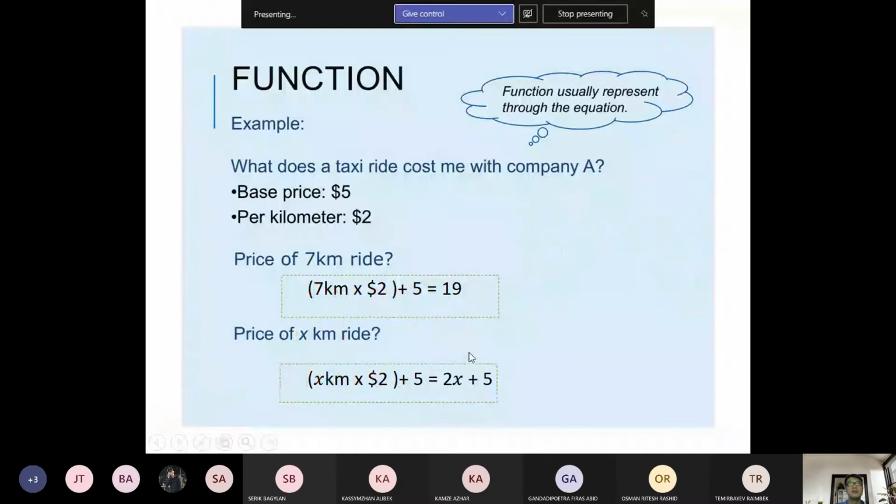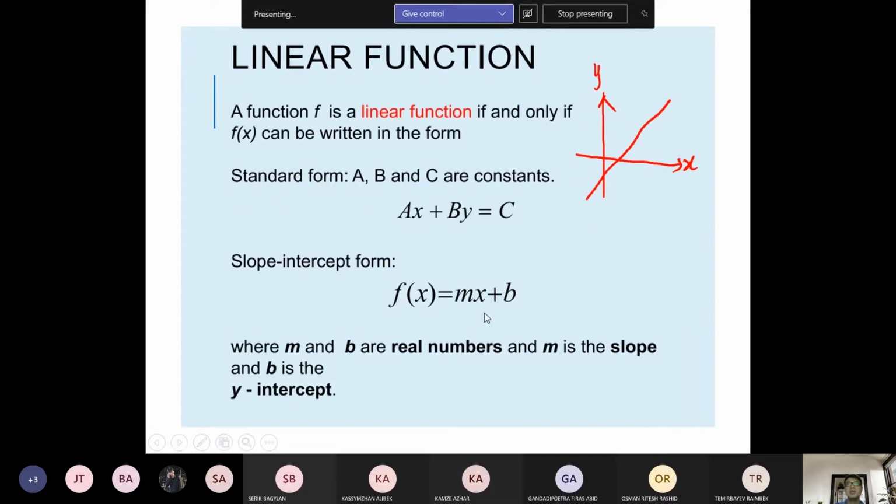All right, for this function here, it is 2x plus 5. So this function is actually a linear function, because it is in the form mx plus b.